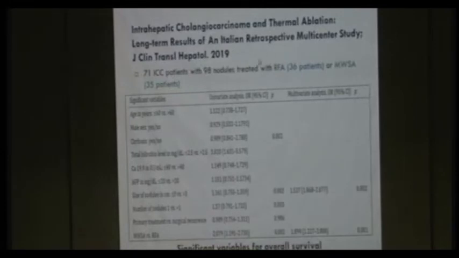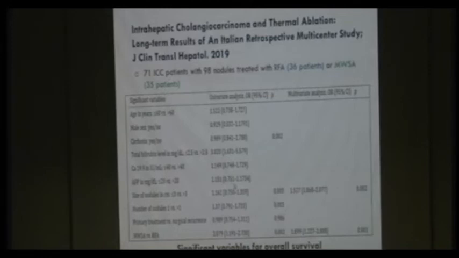One of the multicentric studies, published in 2019, is about the role of thermal ablation in intrahepatic cholangiocarcinoma. This study included 71 patients of intrahepatic cholangiocarcinoma, out of which 36 patients underwent treatment by RFA and 35 patients underwent treatment by microwave ablation.